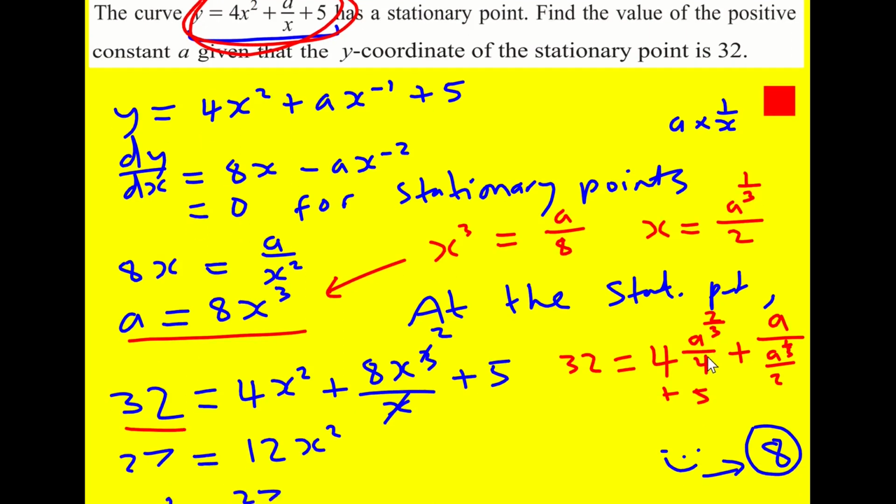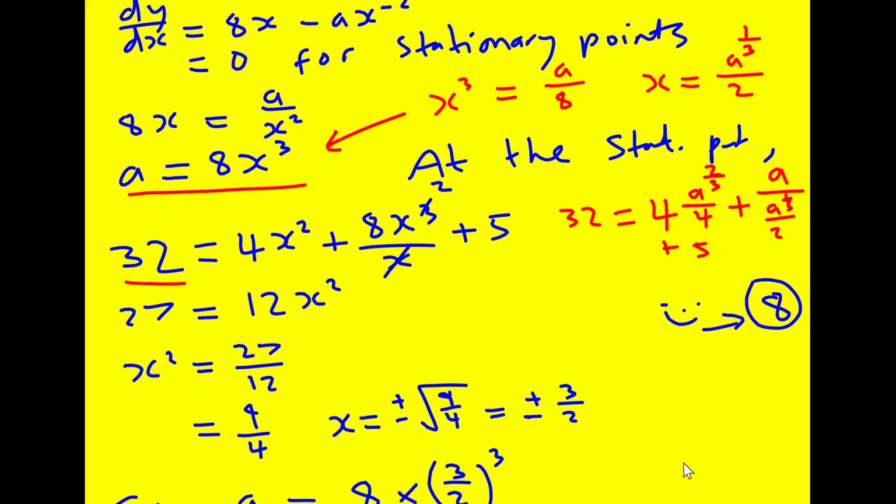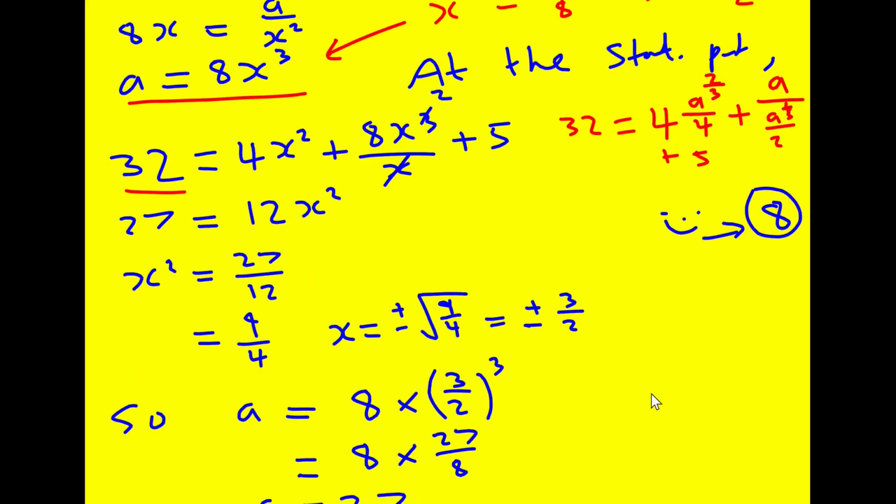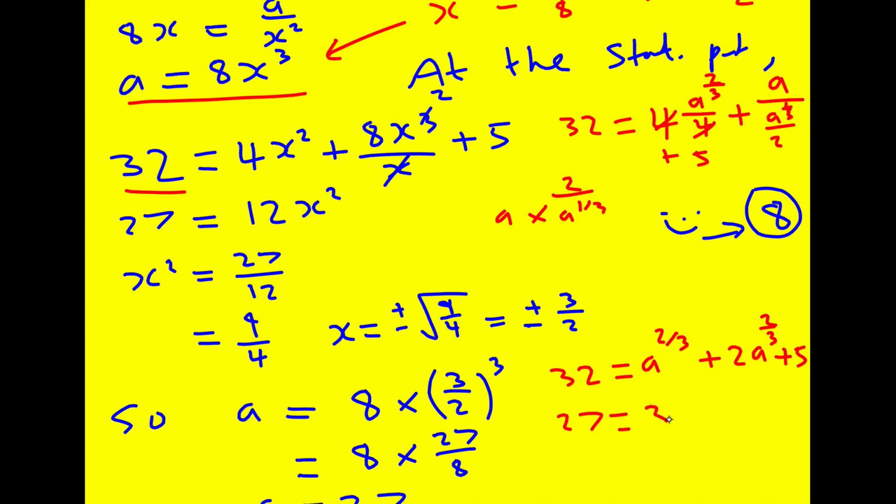I could have solved this. Do you know what? I think I'll keep going. Why not? Sorry, it's becoming a little bit messy now, but if there's a bit of space here, so then I would write down 32 equals a to the 2/3, because these 4's cancel, and this would become 2a to the 2/3, because it would be a times 2 over a to the third if I change the division round, and then I'm adding 5, so I'd get 27 equals 3a to the 2/3.